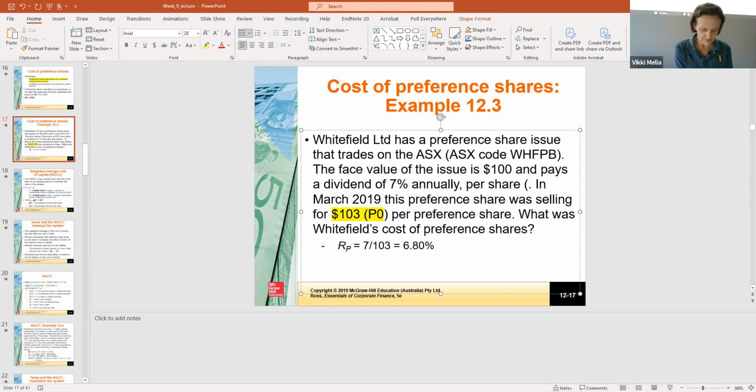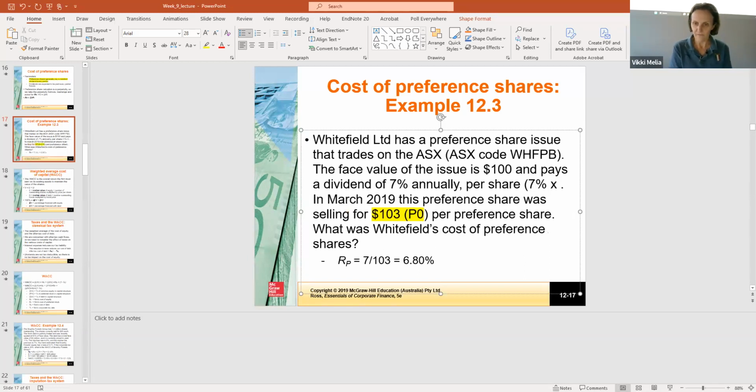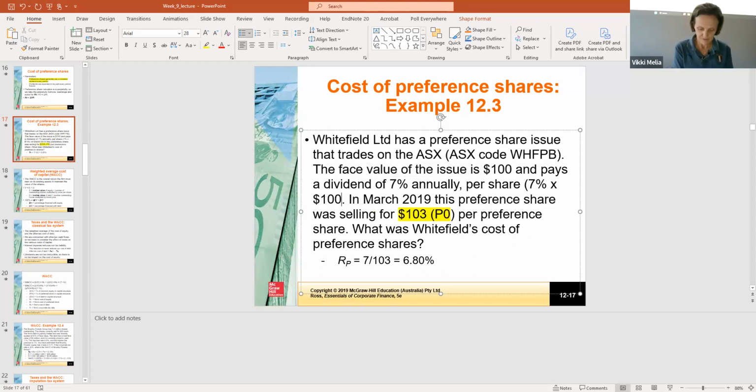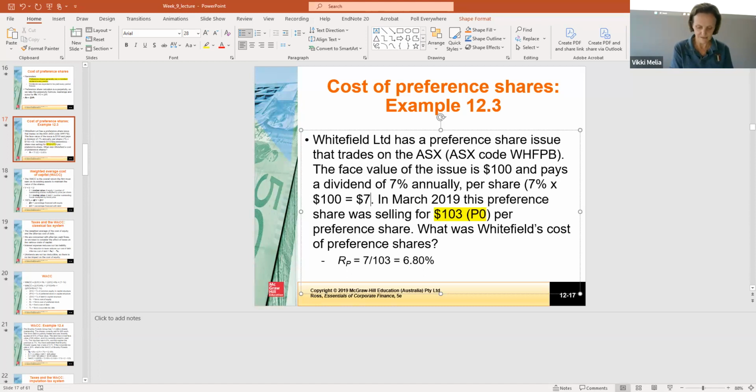So that means 7% of the face value of the preference share when it was issued. 7% of $100 is a $7 dividend. So the dividend is always $7. It never changes. So that's our D, our dividend. It's $7. So the fixed dividend on the preference share is $7 and the share price is $103.